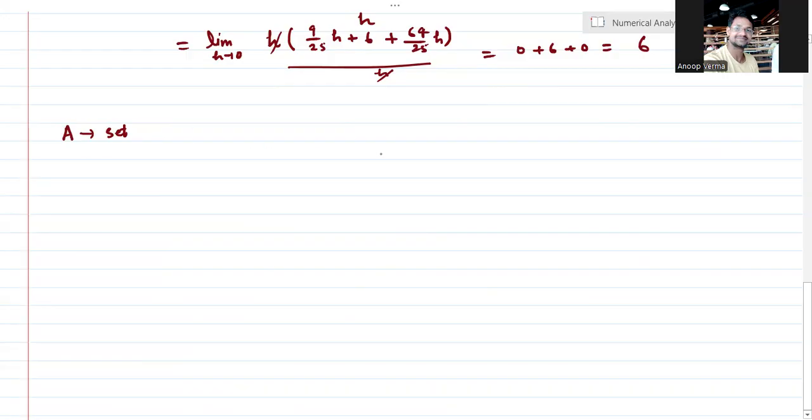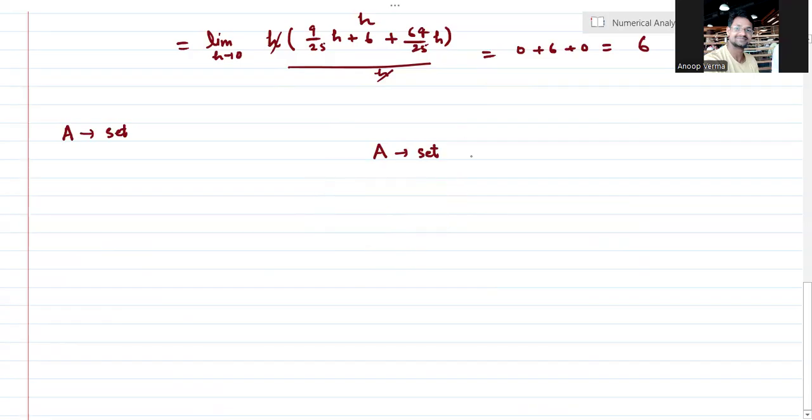So if we have a set, just briefly, that set is of 2 types. Firstly we can just say it is finite or infinite.